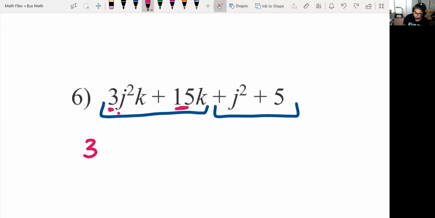So we look at the next variable, k and k. I can factor out a 3k from the first group, which means if I factor out a 3k, that leaves me with j squared plus 5.